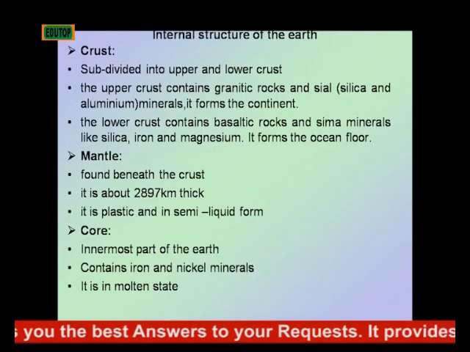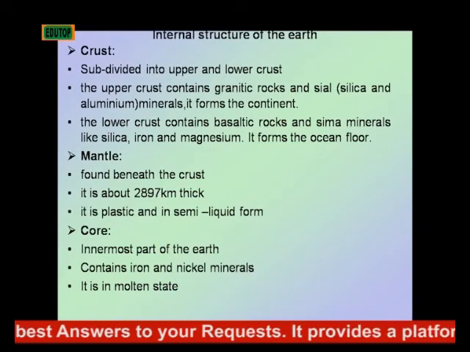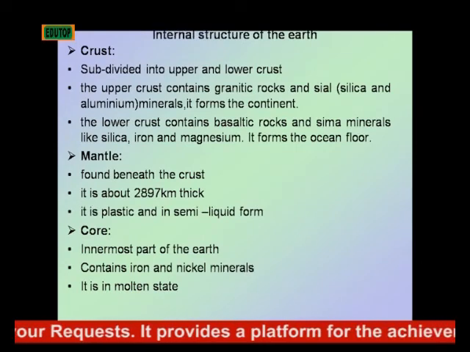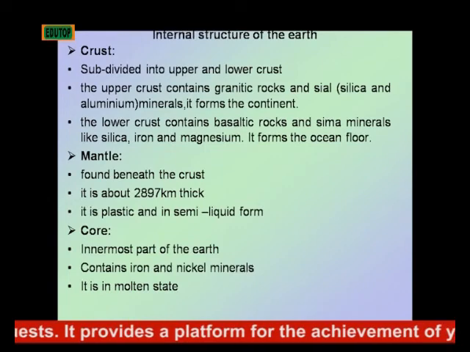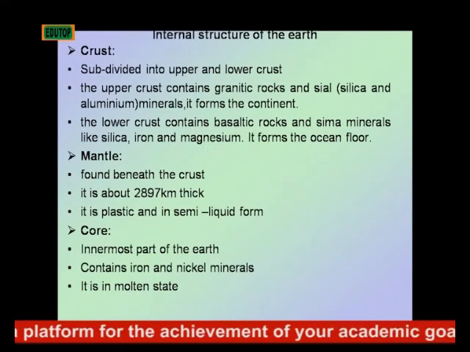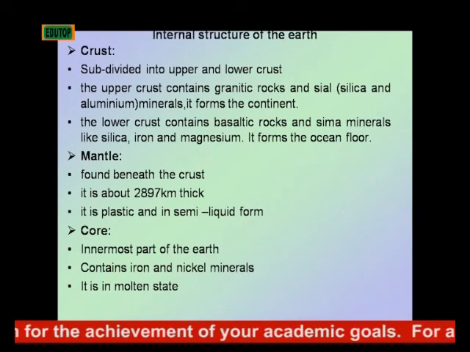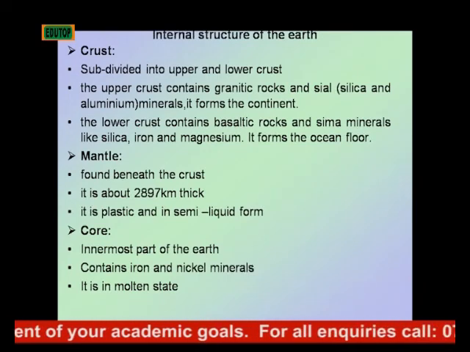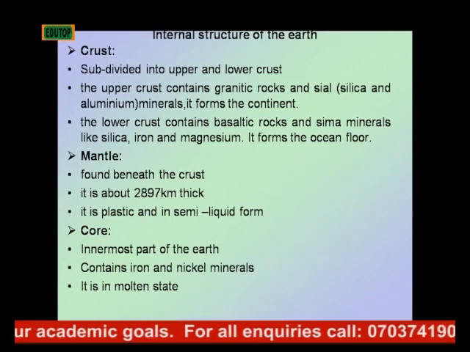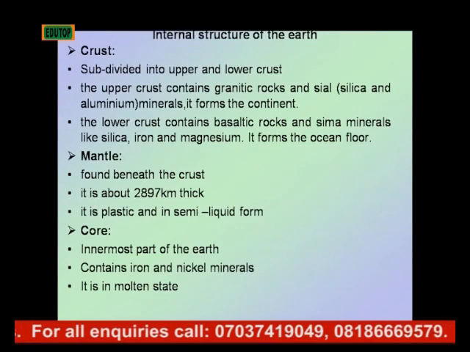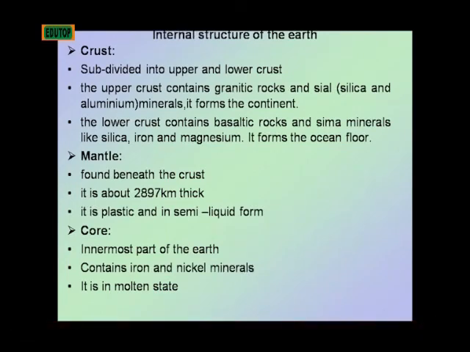Also, the core, which is the innermost part of the earth, contains minerals like nickel and iron, and it is usually in molten form. Molten form means a form that is kind of liquid, melted, maybe due to heat or pressure.